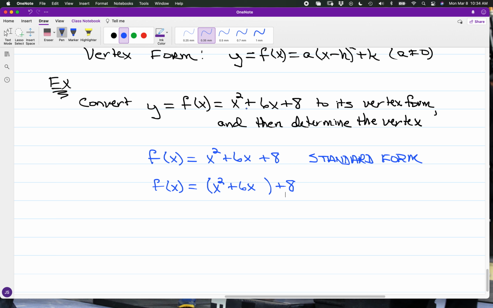And what I'm going to do here is perform what's regarded as completing the square.